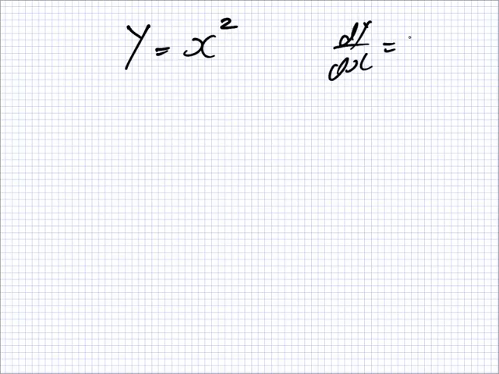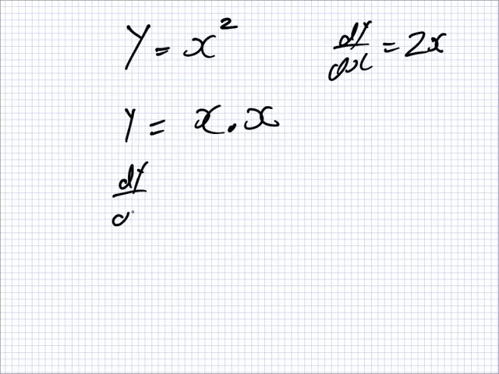For example, if I have y equals x squared, I definitely know what the derivative is. It should be 2x. This is a definite fact we all know. Now, if I rewrote this as y equals x multiplied by x, and I tried to use my rule that I just imagined, that the derivative should be the derivative of each of them, what's the derivative here? It's 1, and the derivative here is 1.